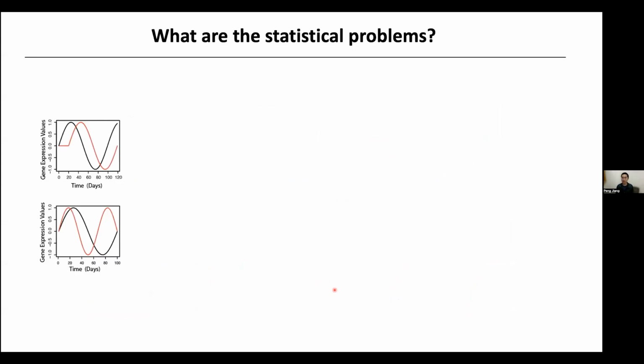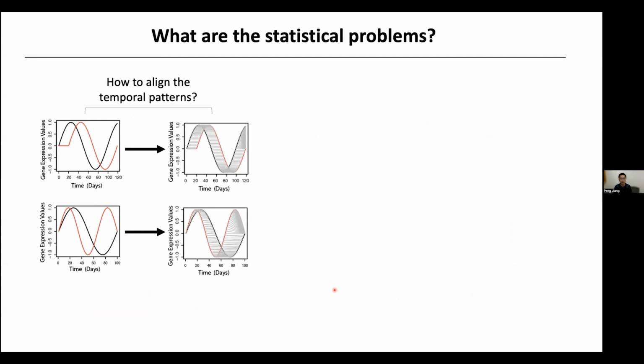So what are the statistical problems? The statistical problem breaks down into multiple steps. The first thing is how to align the time course data. If you have two time course datasets, how to align them. Align means we project day 1 in one condition to maybe day 2 or day 10 in another condition.